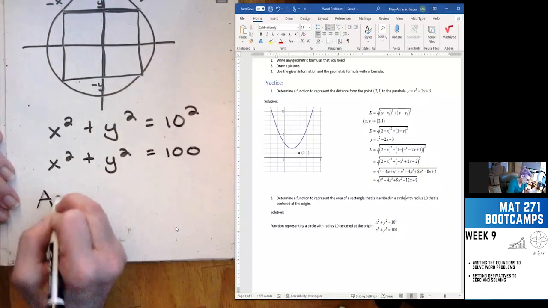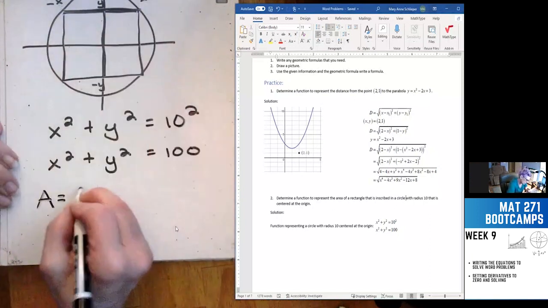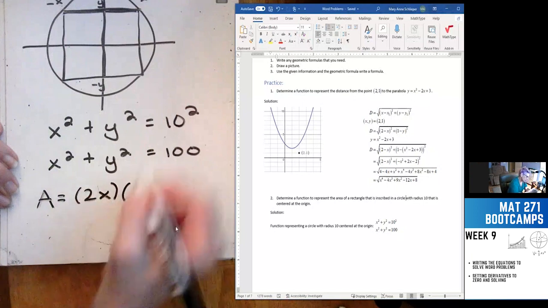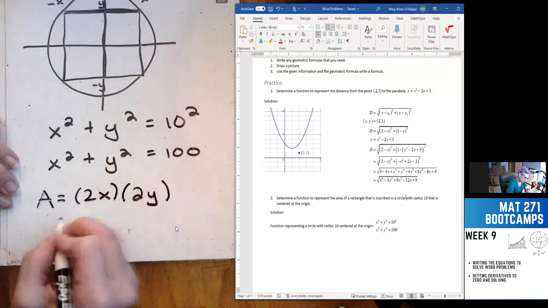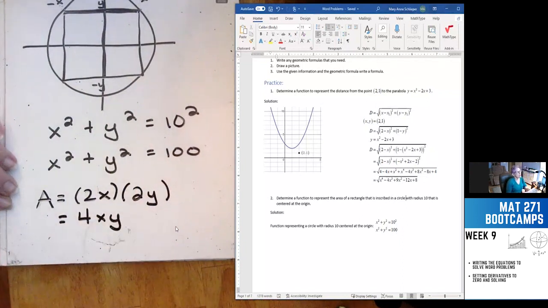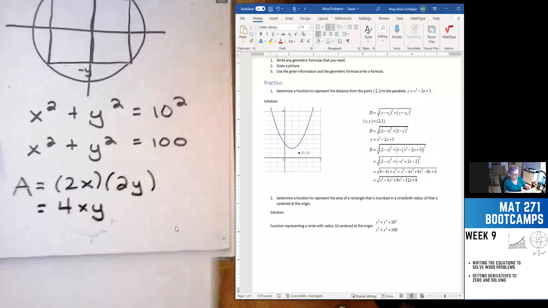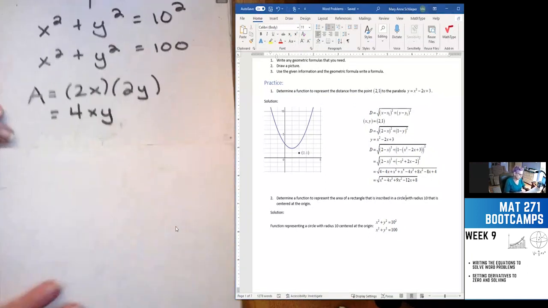So area is going to be 2 times x times 2 times y. So that's 4xy. But again, we need a function that only has one variable in it.